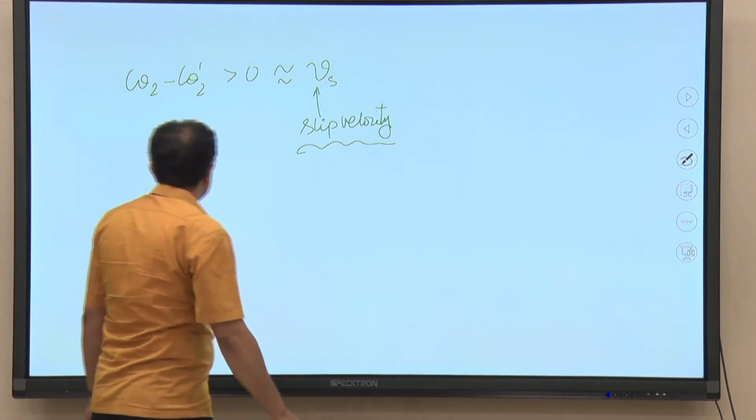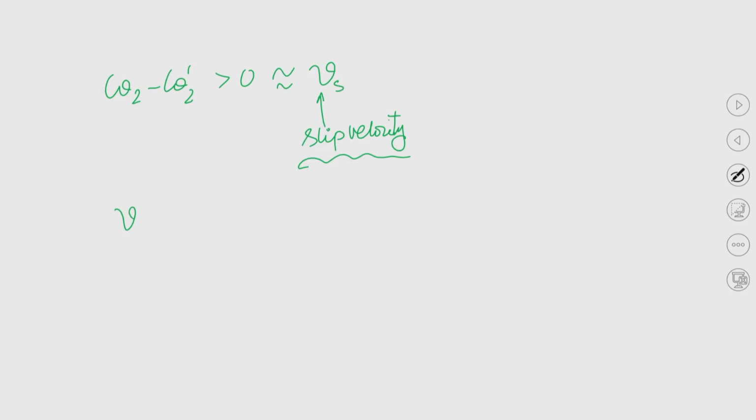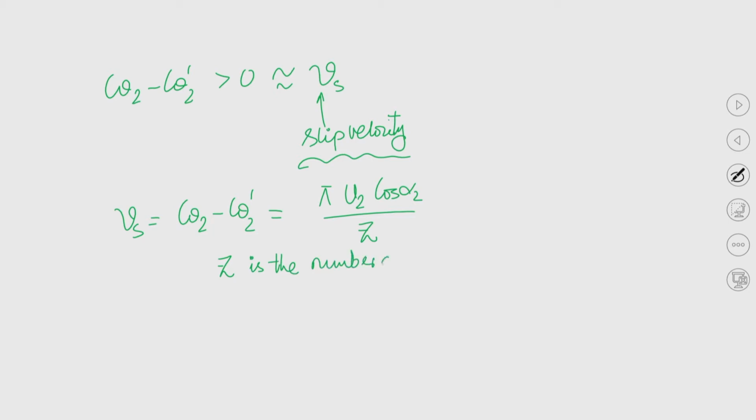For the time being you should know the slip velocity Vs, that is C theta 2 minus C theta 2 prime, is given by pi U2 cos alpha 2 divided by z, where z is the number of blades in the impeller, right.